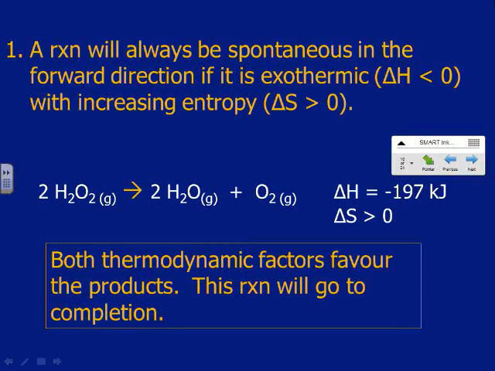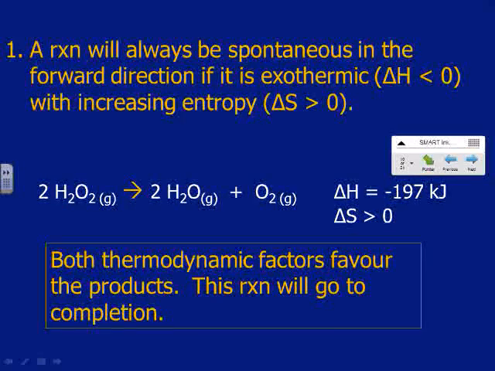All right? So in this case, positive delta H greater than 0, negative delta H and positive delta S. If the delta H is negative, that's spontaneous. And if the delta S is positive, that's spontaneous. So this is always spontaneous.